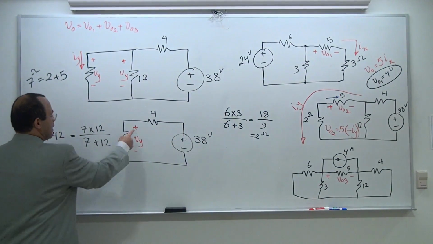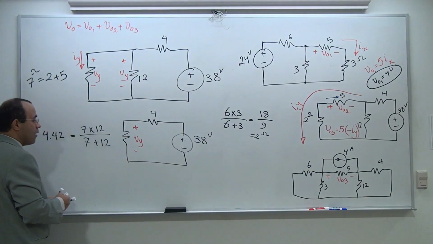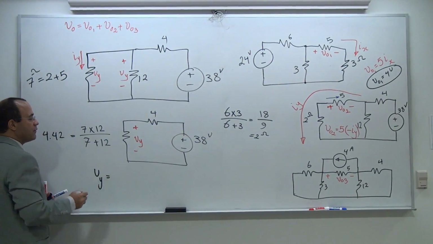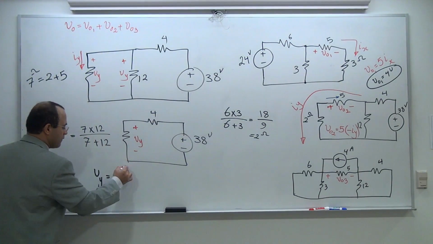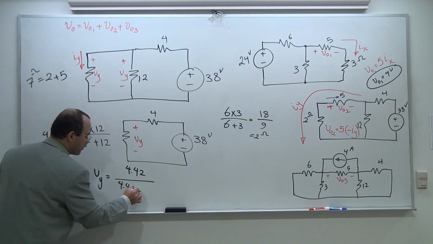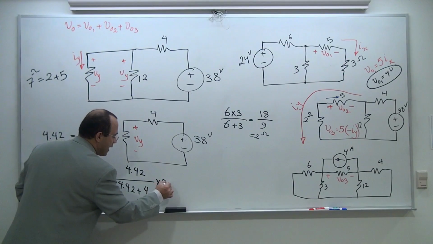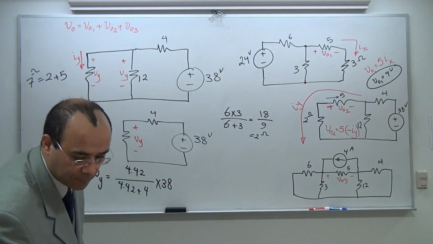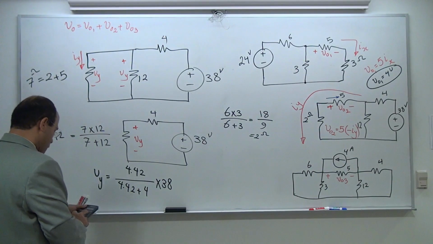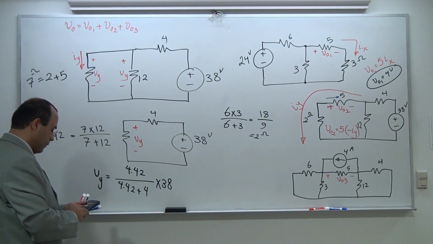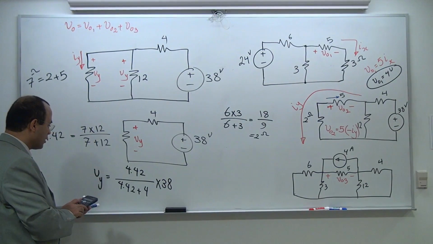So let's find it. How much is my Vy? My Vy is going to be found through the voltage divider principle. This one is going to be 4.42 over 4.42 plus 4, times 38. Please don't go more than two digits. Even 2 digits sometimes might be too much.